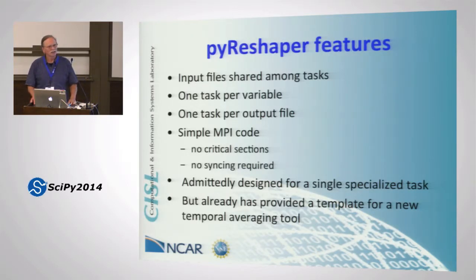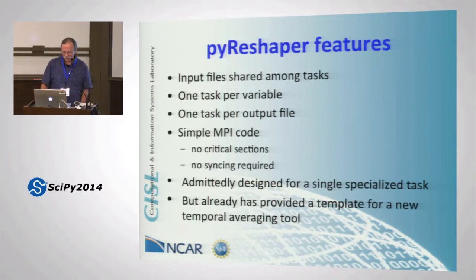So what are the features of this PyReshaper, which is what we call the combination of MPI for Pi and PyNIO? Well, the input files are shared among the tasks. They all read the same input files. There's no contention there. And for output, there's one task per variable, one task per output file. It's simple MPI code, about as simple as you can get, really.